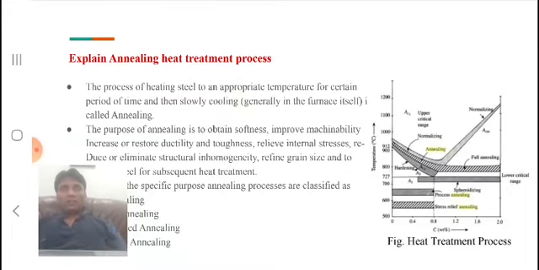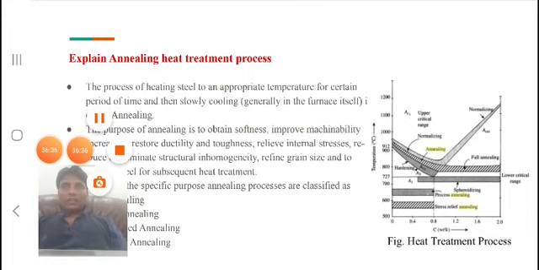The only complicated thing with the annealing process is that annealing is different for hypoeutectoid steels and hypereutectoid steels.